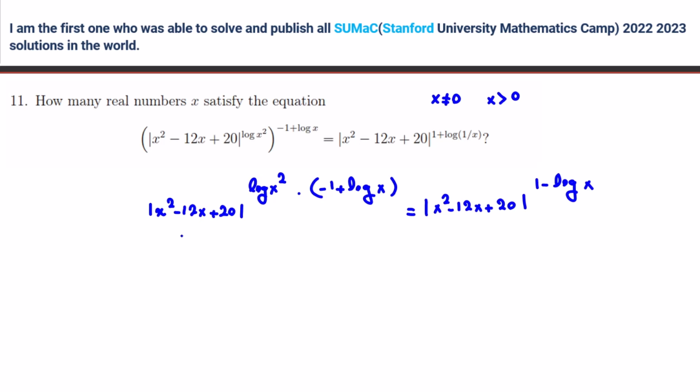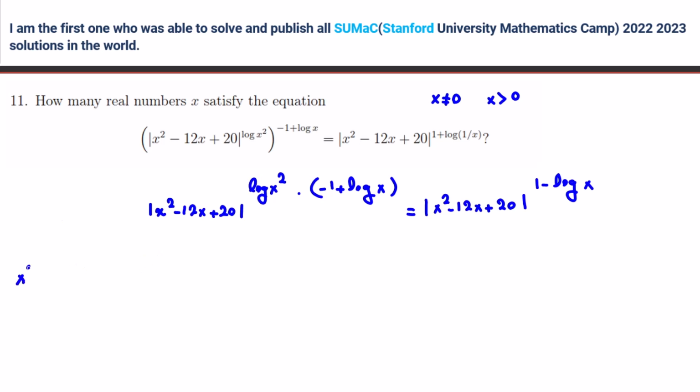Now, x squared minus 12x plus 20. Can we factorize it or not? We can factorize, yes. x minus 10, x minus 2, right?